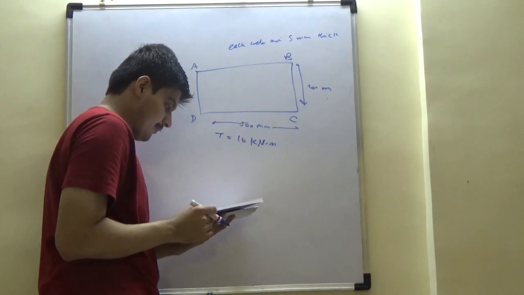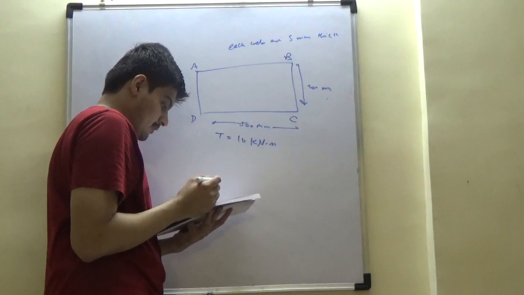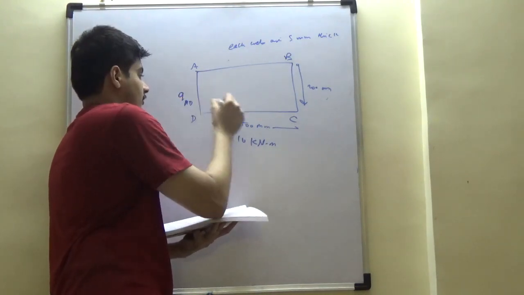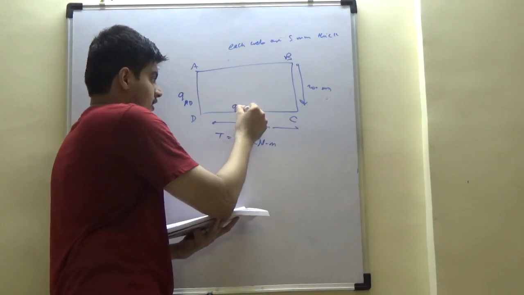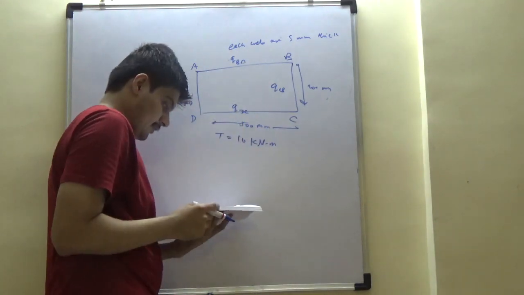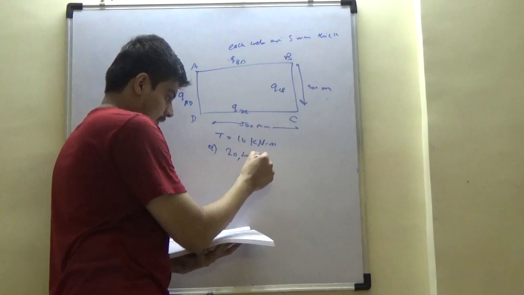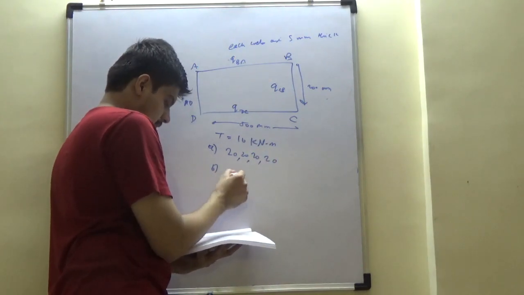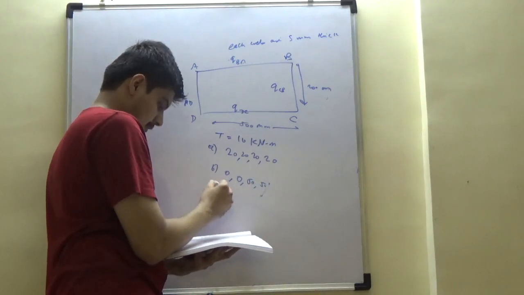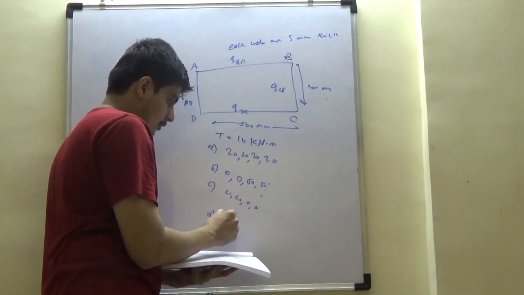Okay, so it is given. The magnitudes of shear flows in the webs QAD, QDC, QCB, QBA are respectively, and the answers given are 20, 20, 20, 20; 0, 0, 50, 50; 40, 40, 0, 0; all 50.